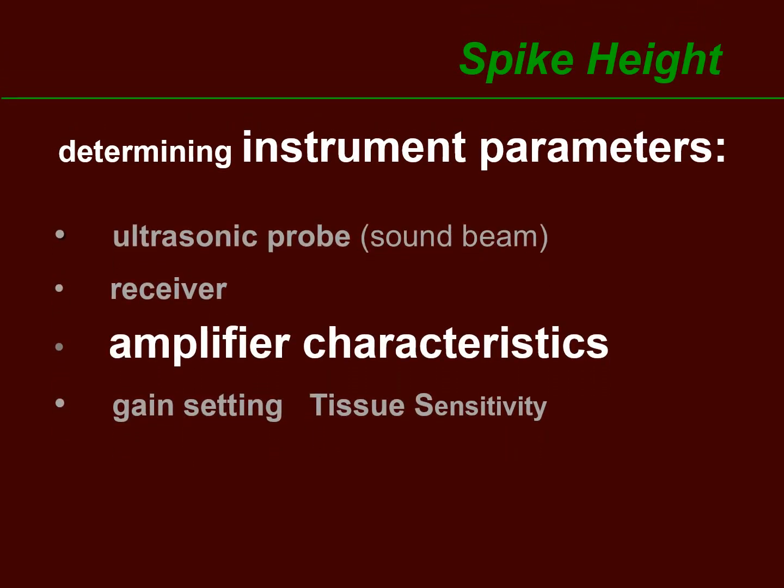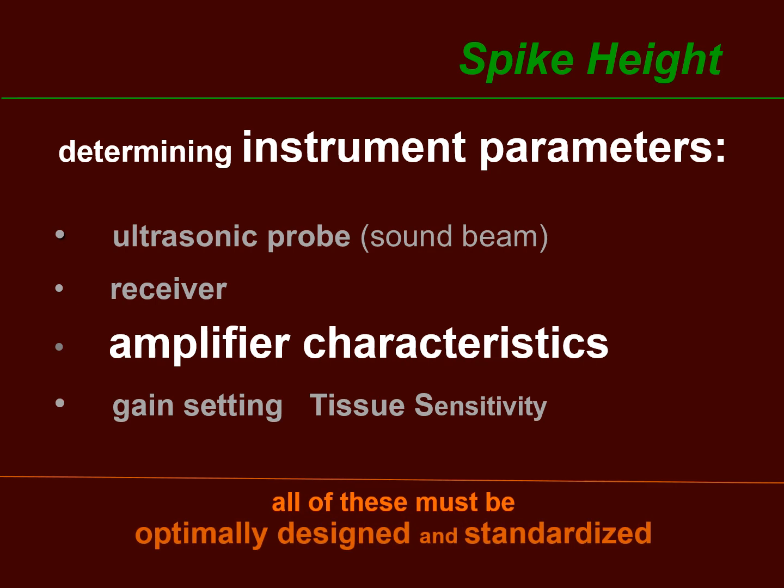Now we come to a very important parameter, the amplifier characteristics that take place in the amplification during the signal processing and make the major difference between B-scan and A-scan, standardized A-scan that is. It's more difficult to understand, and therefore we'll explain it step by step, slowly.